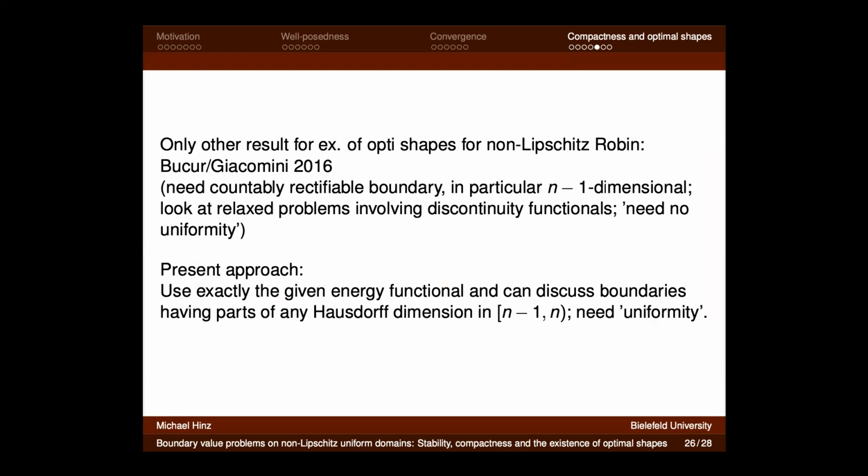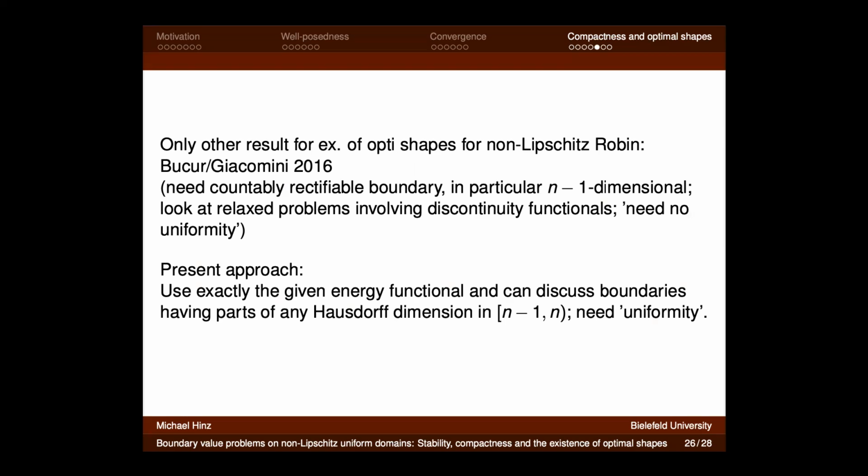So this was maybe our main result. Let me mention how this can be compared to other results. There are other results for existence of optimal shapes for non-Lipschitz domains with Robin problems. These are due to these authors, and what they do, they use a countably rectifiable boundary, which means you're basically n-1 dimensional. And they do not look exactly at the same energy functionals as we did.